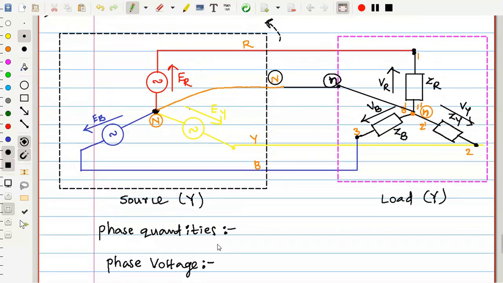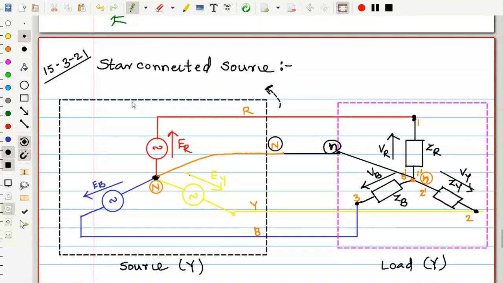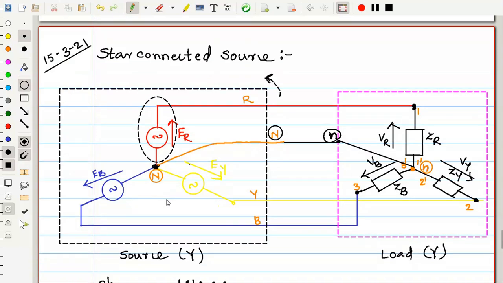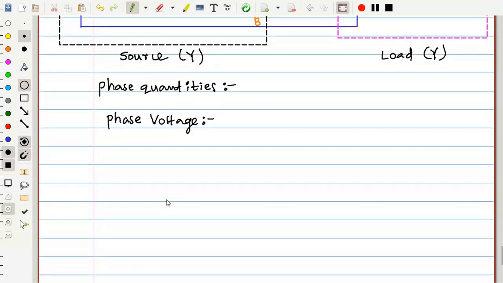Here we know that a three phase generator is formed with the help of individual single phase generators. This is one generator, a single phase generator. So we can call this one of the phases of the three phase, similarly the other two. Now the voltage produced by the corresponding single phase generator is called a phase voltage of the three phase system.